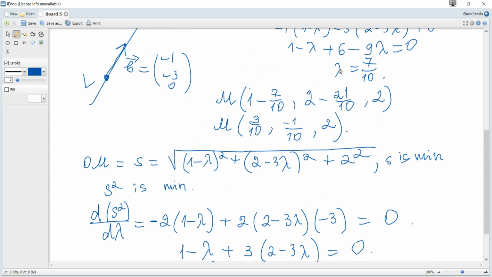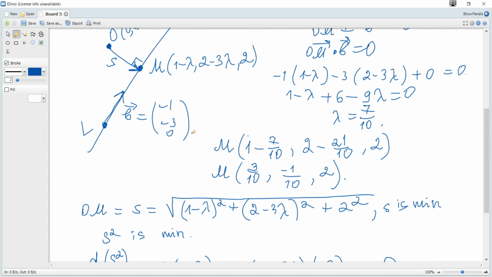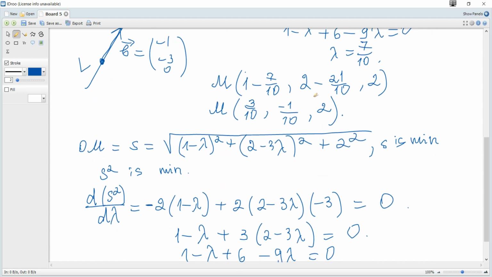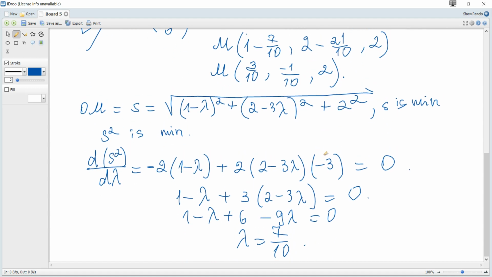You substitute lambda into this expression and get the required point. If the distance is required, we apply this formula. And that's all for this question.